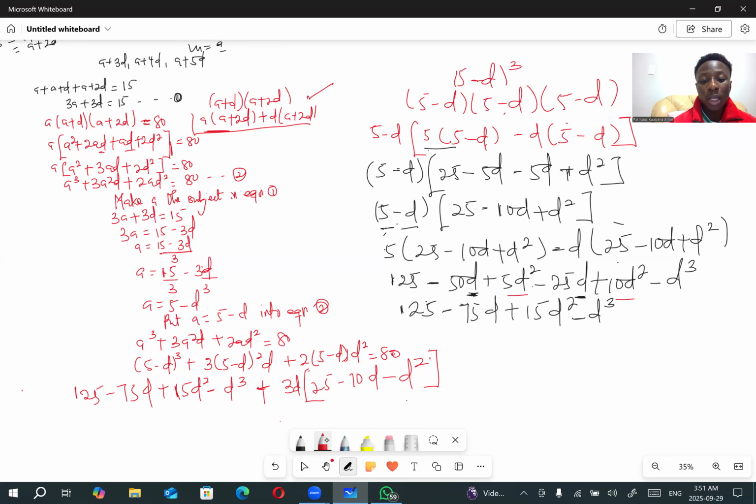It's the same thing. This is a short way to prove that. Can you see? We are solving the next one. 3d is behind, 3d times 5 minus d squared. We are simplifying that. Are you following?